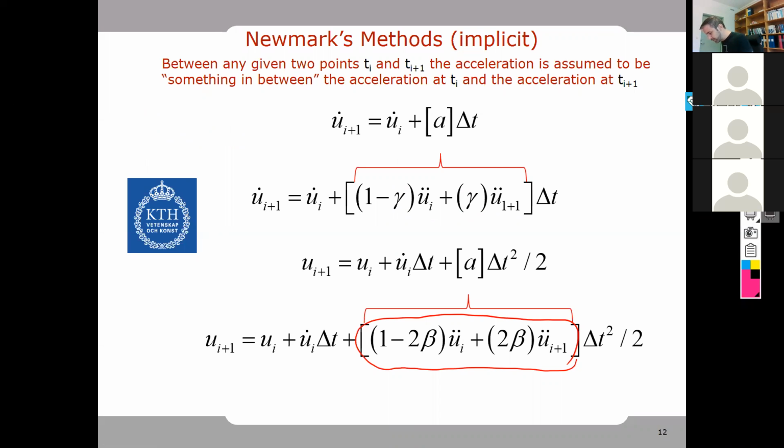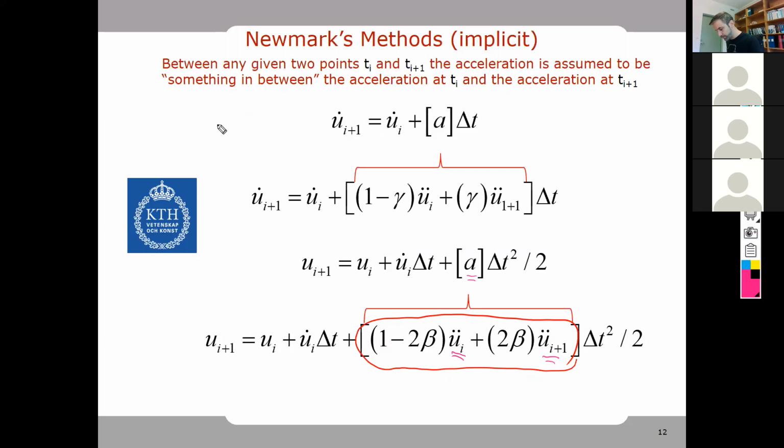Just as in the previous time, the acceleration that we're going to use here is going to be a little bit of the acceleration already known and a little bit of the acceleration that we're trying to calculate, the future acceleration that is unknown to us.